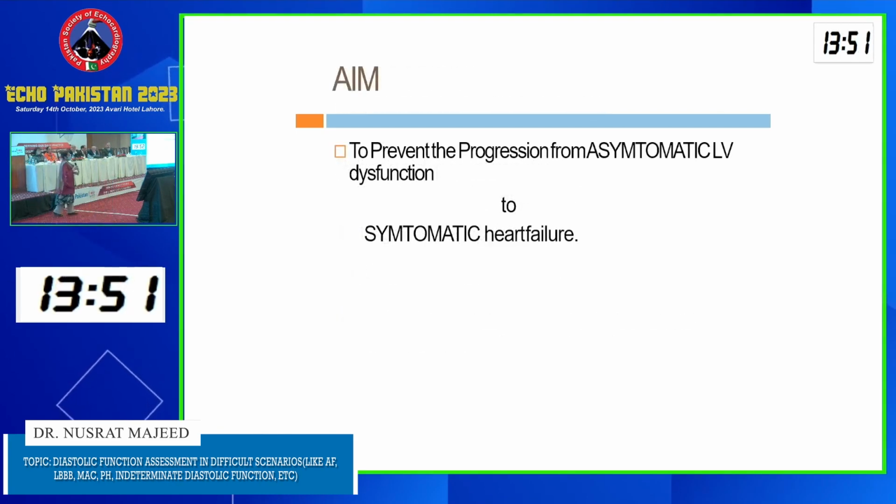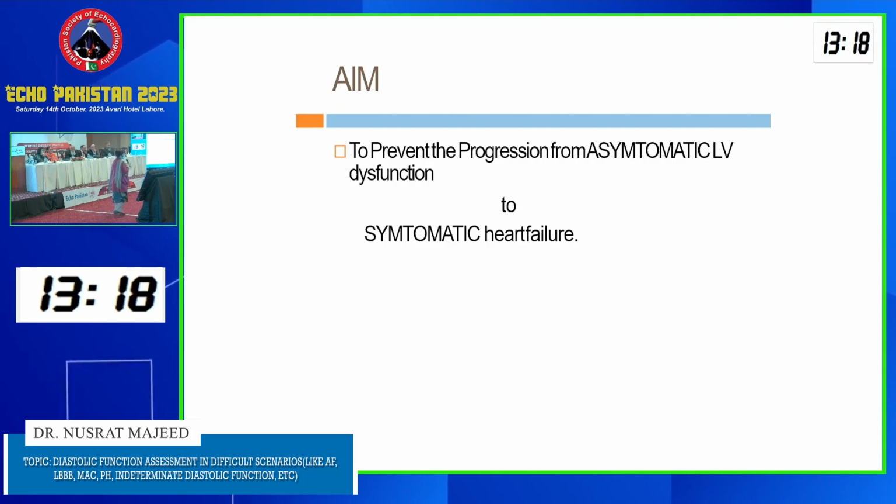We know that heart failure incidence is increasing very rapidly, and according to one WHO estimate, in the next decade or two, more than 75% of beds of any medical or cardiology units will be occupied by patients with heart failure. That imposes a tremendous burden on society and makes us think, let's do something before a patient falls victim to full-fledged heart failure.